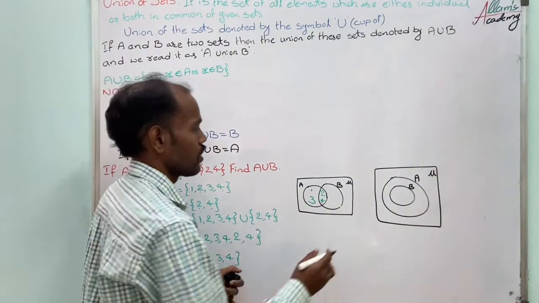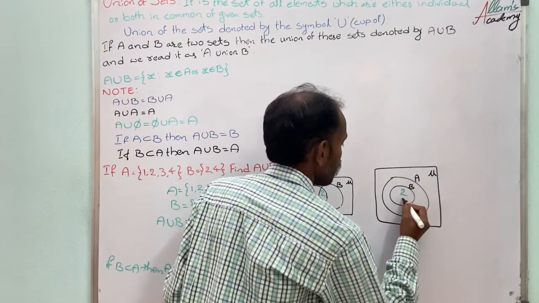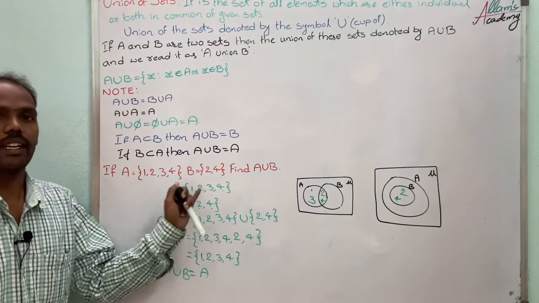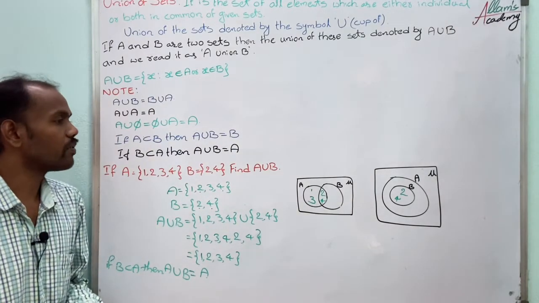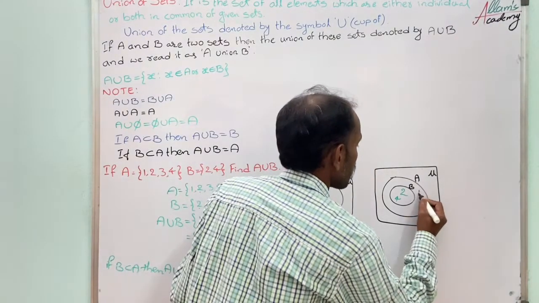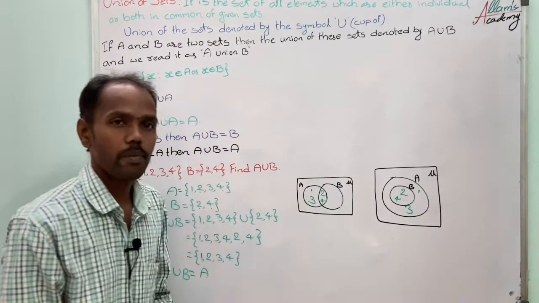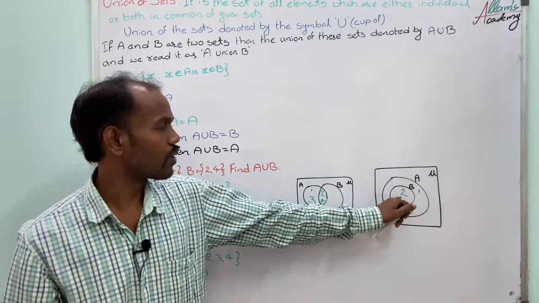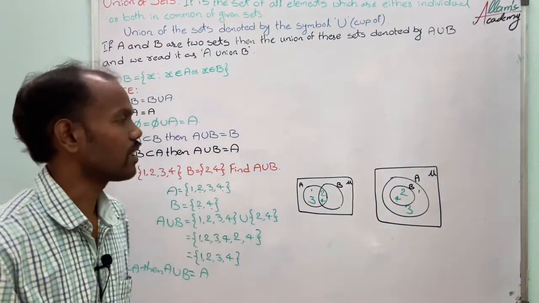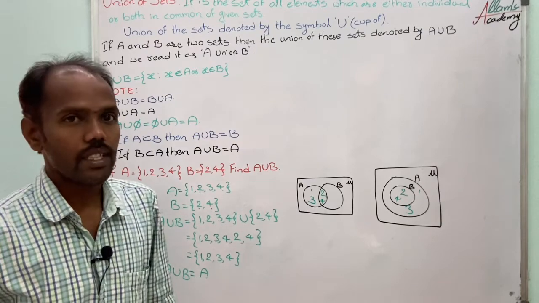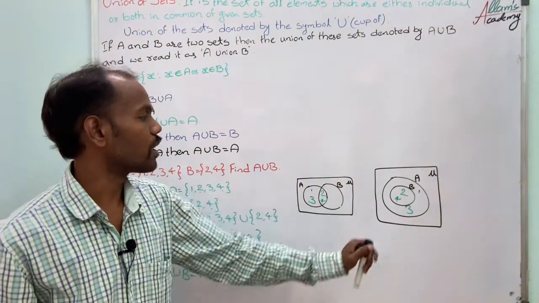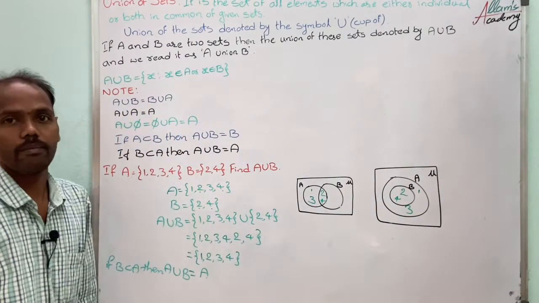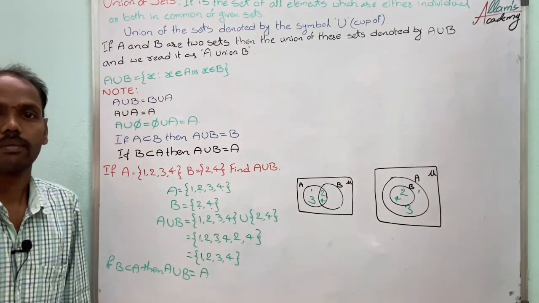So the B set is {2, 4} and the first set contained the extra elements 1, 3, which will be written in any space. The B set contained only the elements 2, 4, which will be written here. So this is the Venn diagram of A union B if B is a subset of A. Thank you.